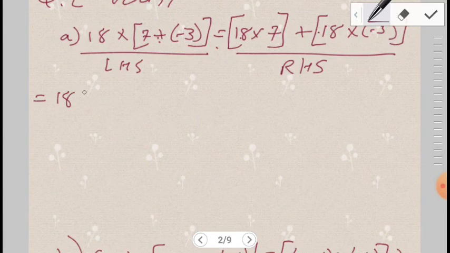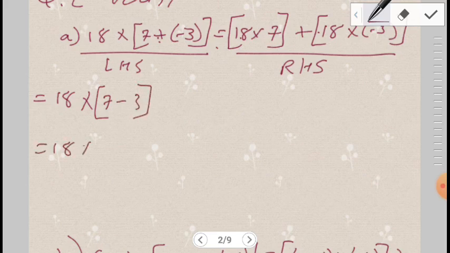So 18 multiplied by, as per the BODMAS rules, we will calculate that bracket first. So 7 plus minus minus 3, so 7 minus 3, so I will get 4. So 4 multiplied by 18, so I will get 72.